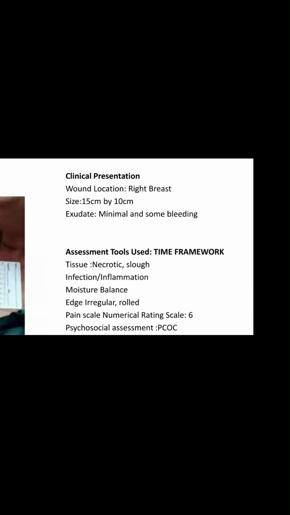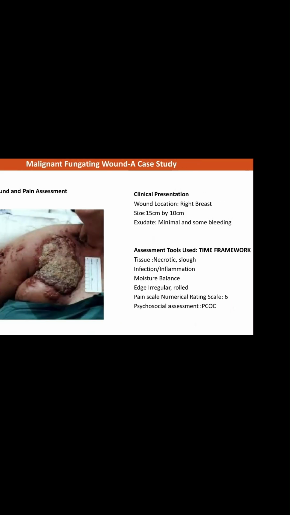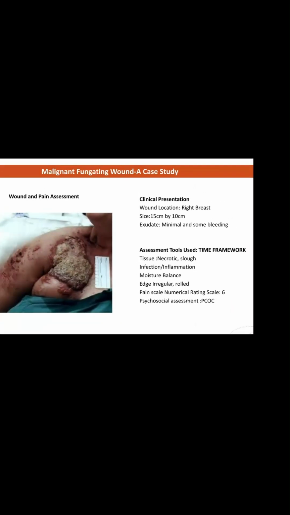So here: wound location, right breast; size 15 centimeters by 10 centimeters; exudate minimal, and some bleeding was there. Assessment tool used, time framework. Kiran, listen. Then assessment: wound location, wound appearance, surrounding skin, potential for complications, and other things. Do inspection; we have to do those things with the assessment tools.